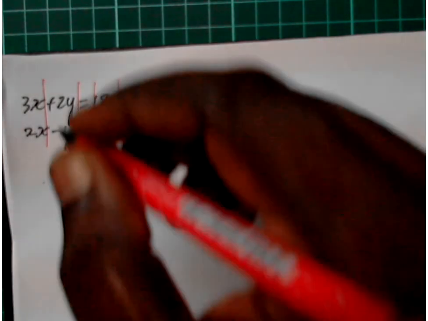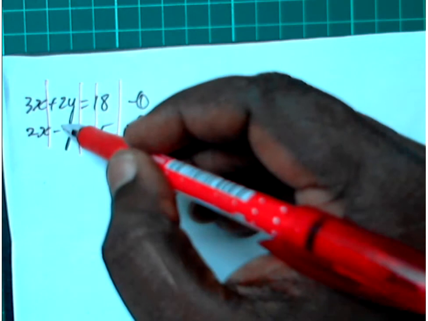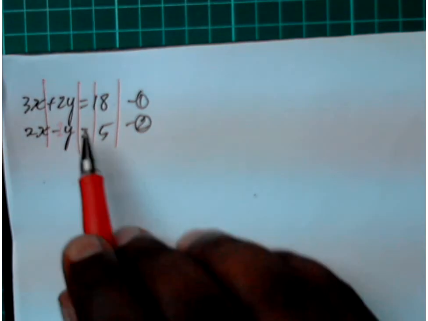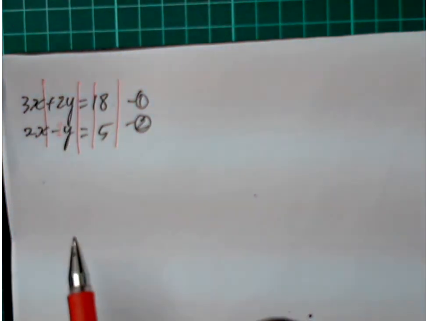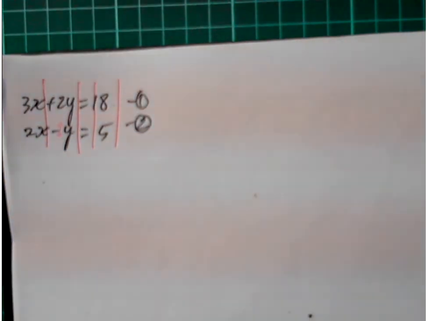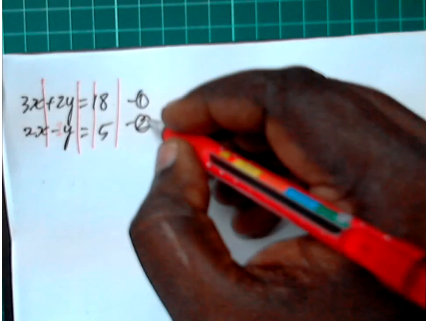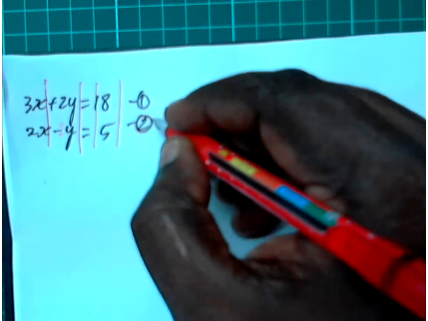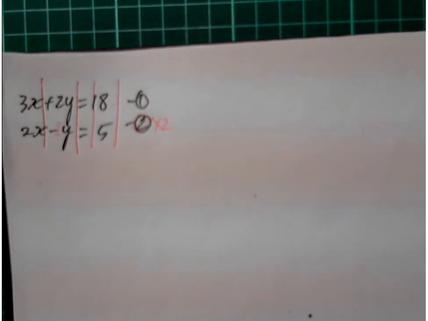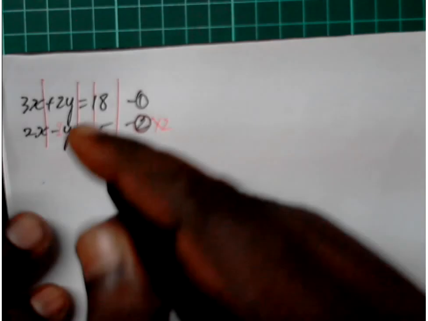So one trick I noticed, if this happened to be 2, if I can imagine there's a 2 here, then when I add them, they will kill each other, right? Plus 2y plus minus 2y will disappear. So that gives me an idea. If I multiply equation 2 by 2, I will be able to eliminate the coefficients. Okay, so let me do my equation 1 again.